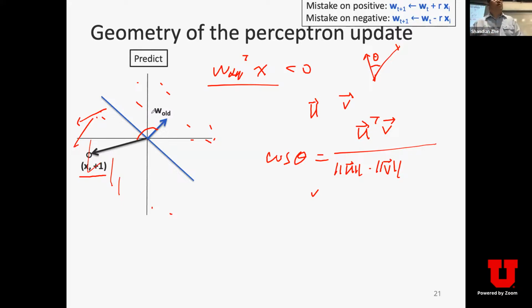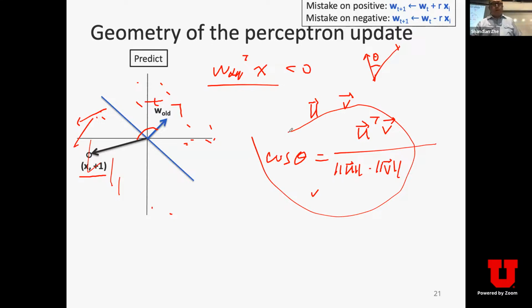That's why they always predict those examples on this side as positive. Does it make sense? If you feel uncomfortable, just check this formula, the definition of cosine theta, which computes the cosine of the angle between two vectors.